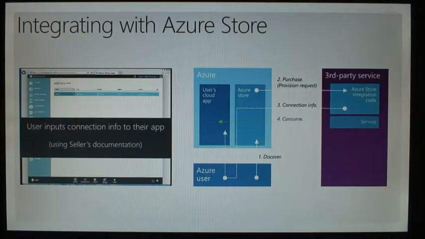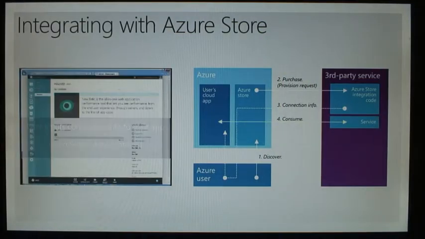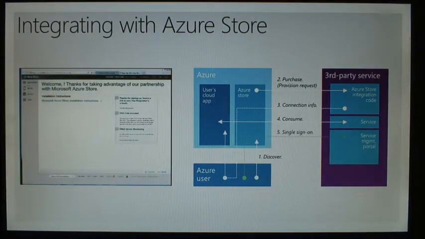The user inputs this and starts consuming the service. And as I said, there's also an option to, inside the portal, click on the Manage button, so you get redirected into the customer's interface for managing the service.